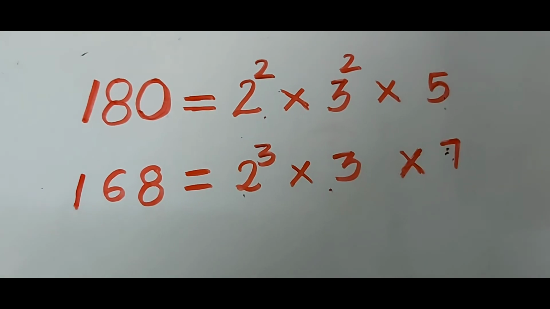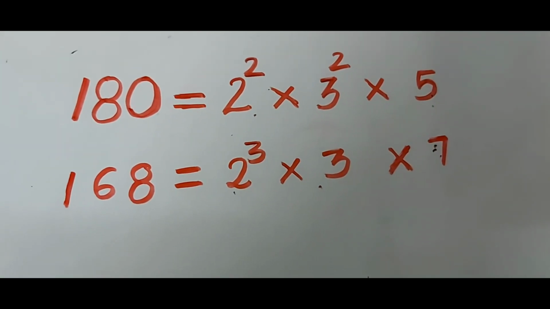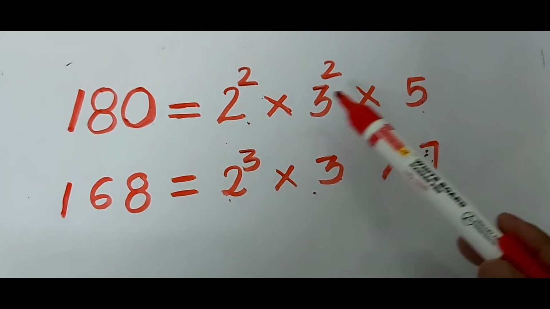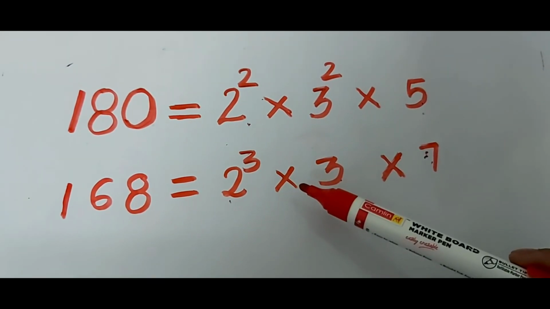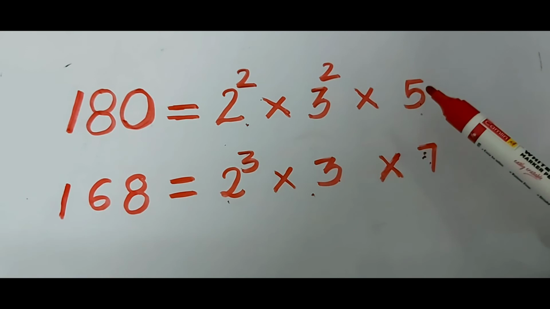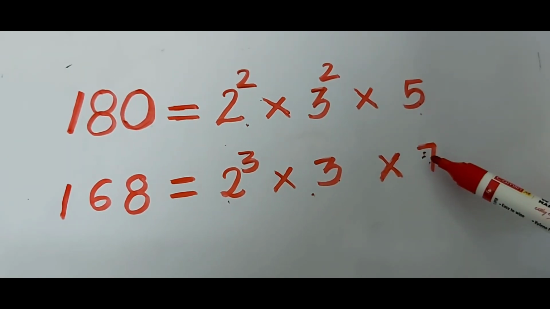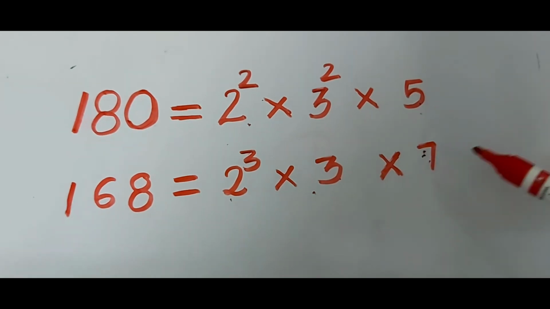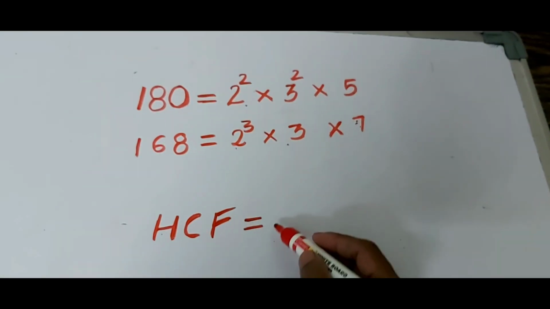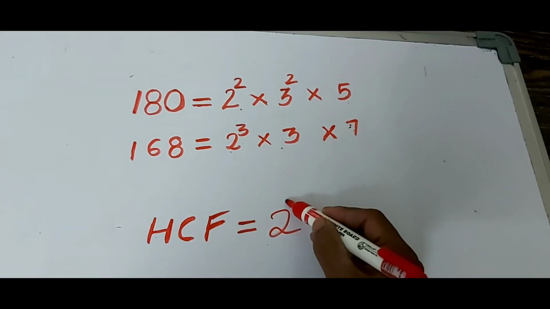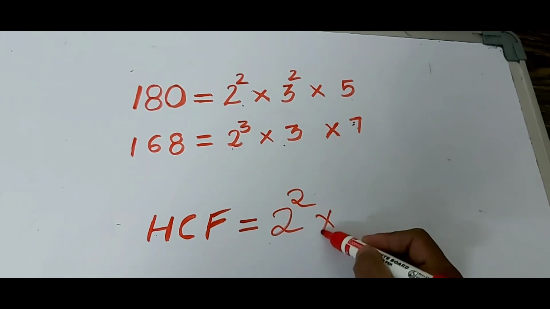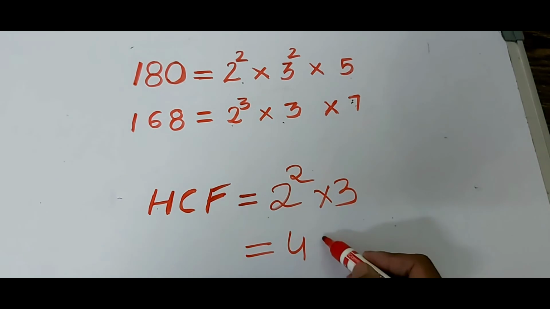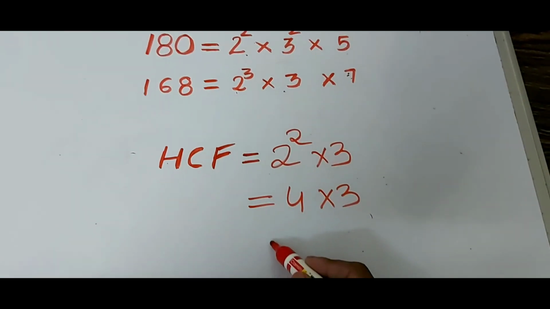To get HCF, we should select smaller values among the common factors. Please note that since 5 and 7 are not common factors, we should not consider them. So HCF is equal to 2 square into 3, which is equal to 4 3s are 12.